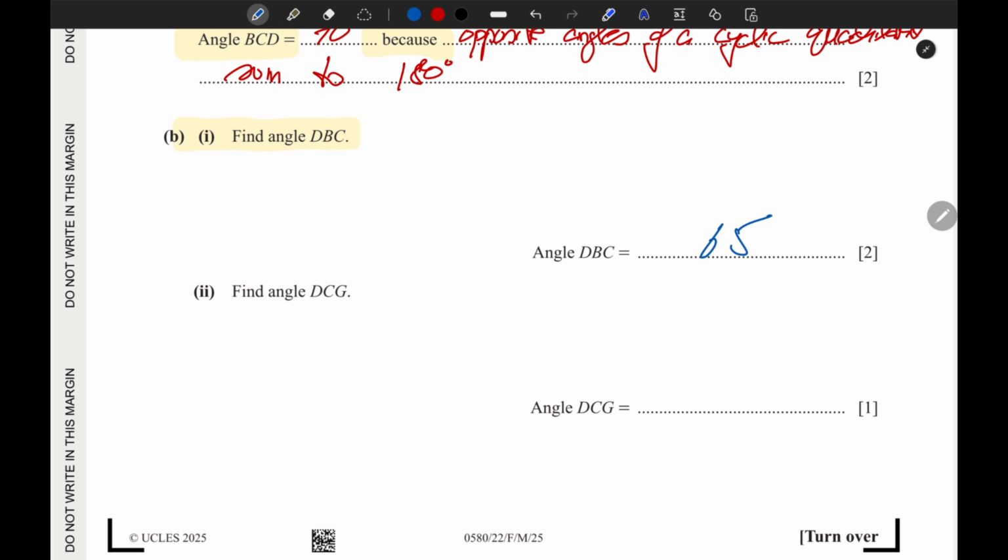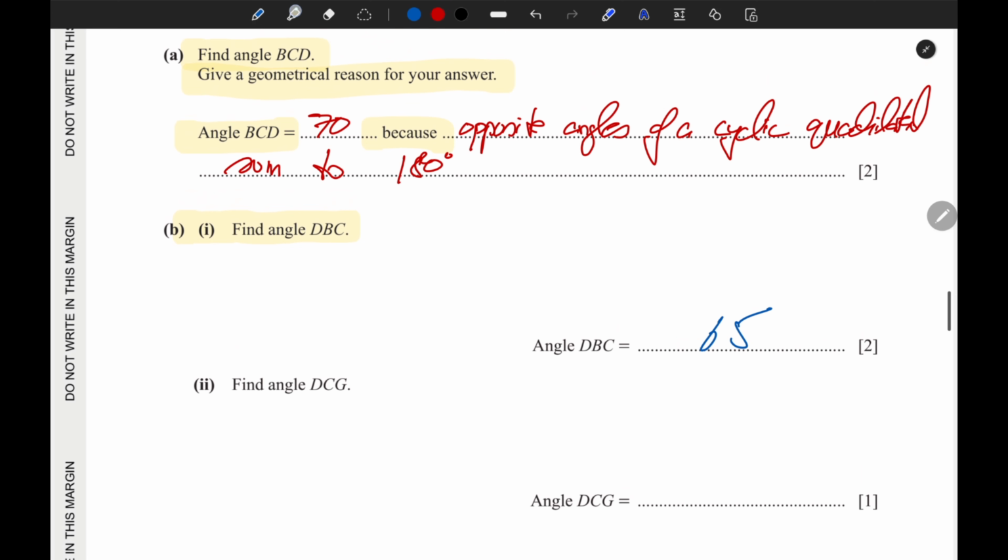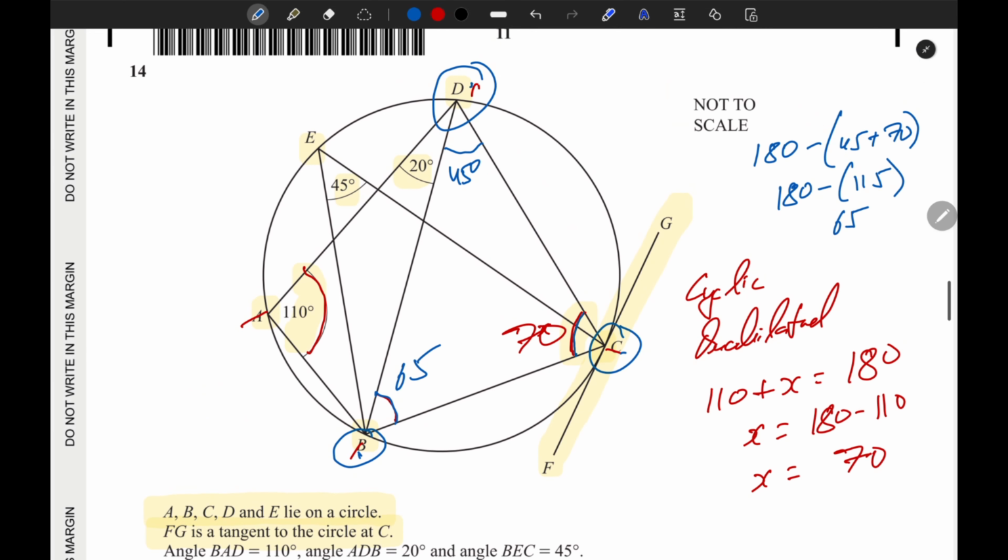Okay, now they are saying find angle DCG. Basically you have to find this angle now, this angle DCG.